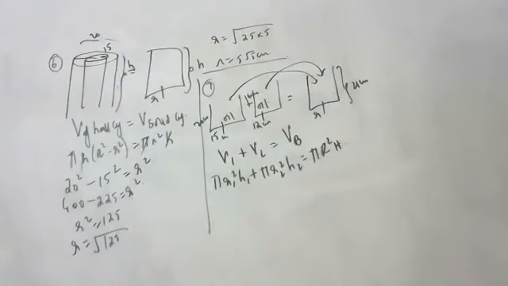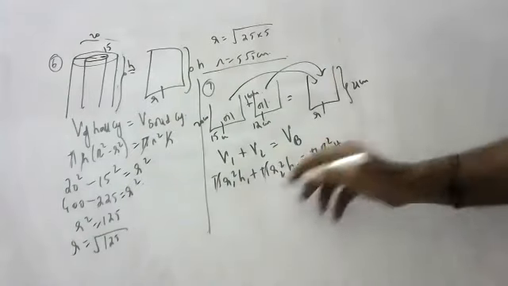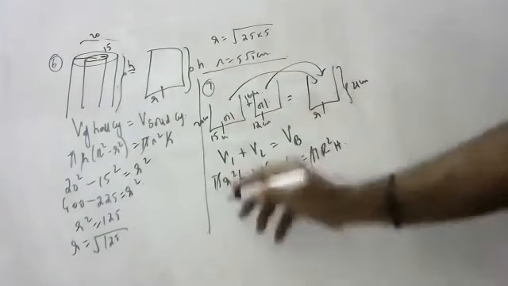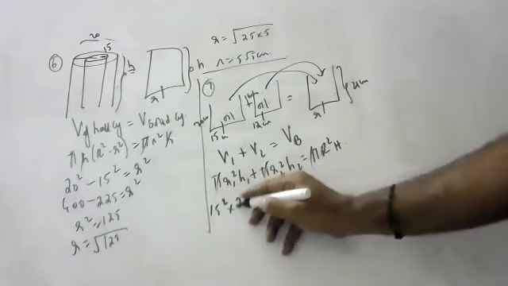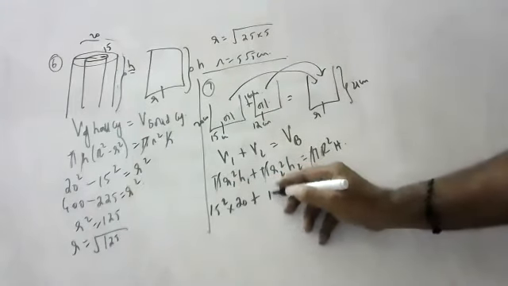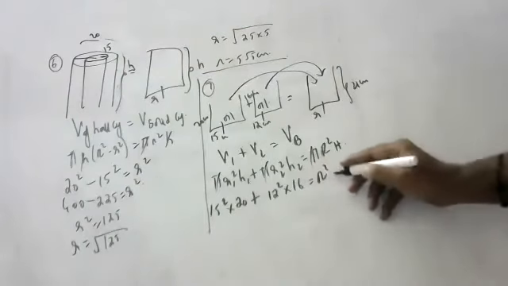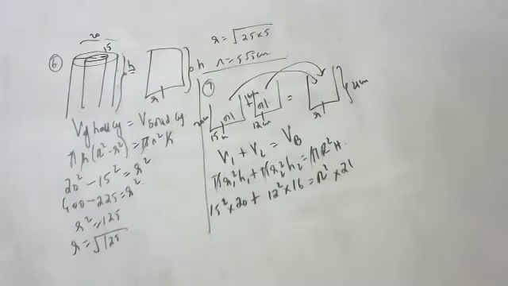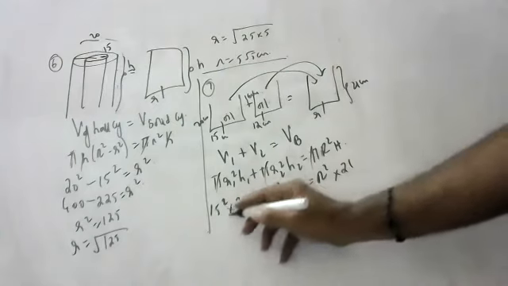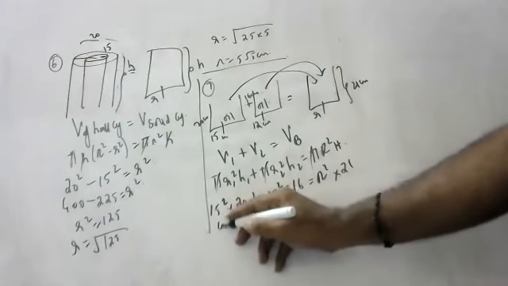So pi cancel. Sir, 15 square into 20 plus 12 square into 16 is equal to r square into 21. Okay, so 225 into 20 is how much? 4500.